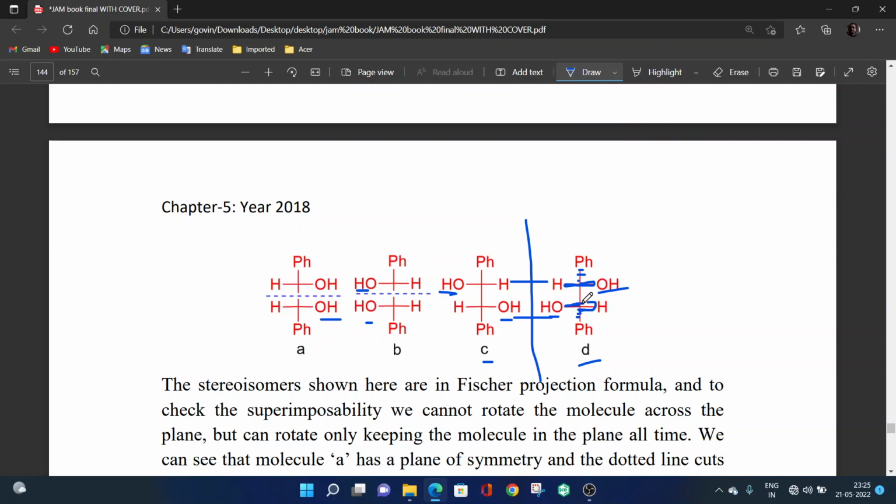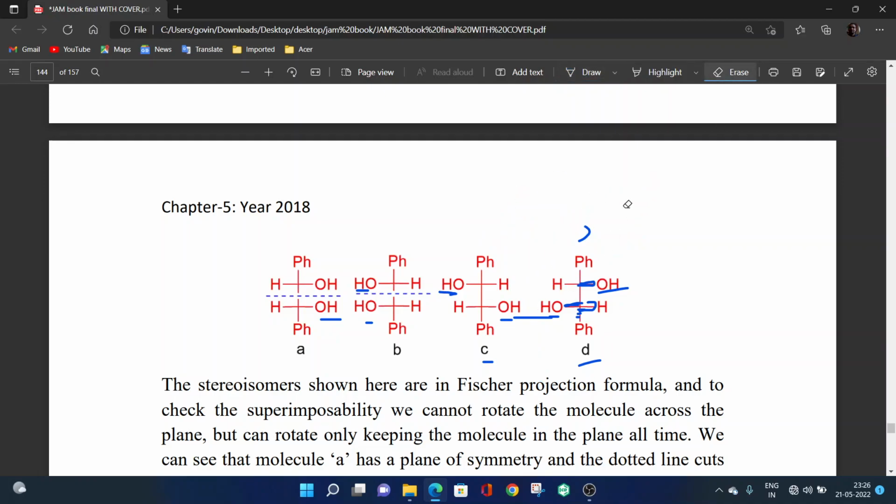Now we cannot rotate the molecule like that so that pH comes to the front, because then we cannot check the superimposability. Right now I want to see if they are one and the same.